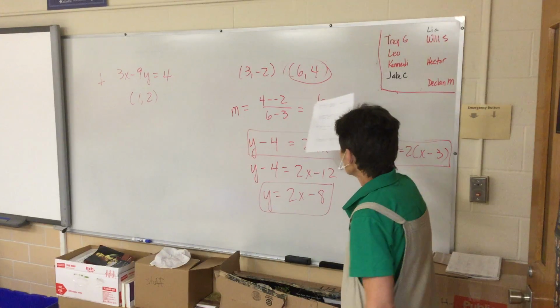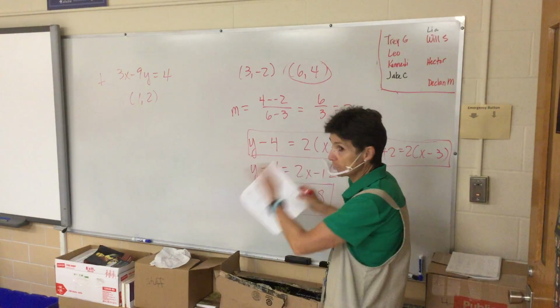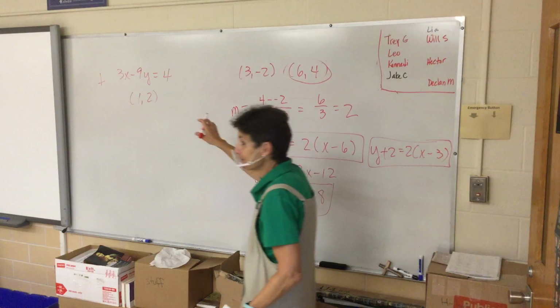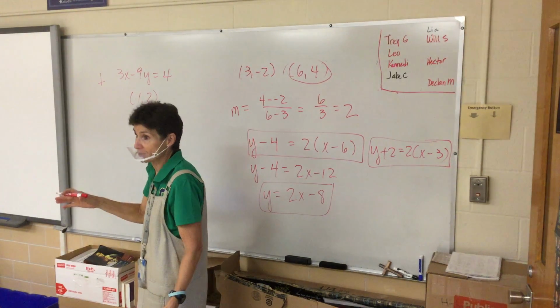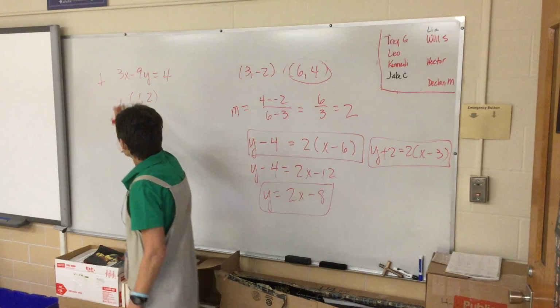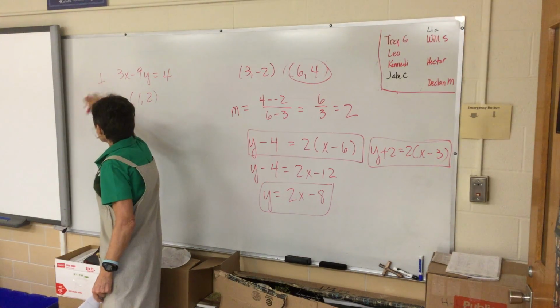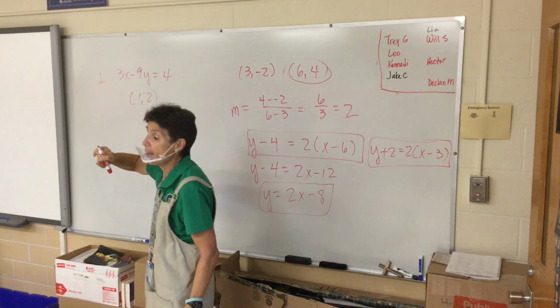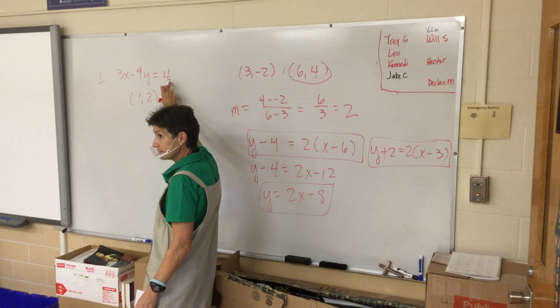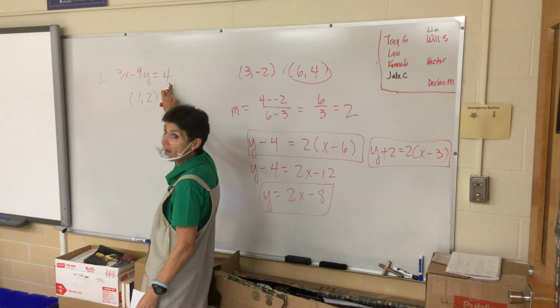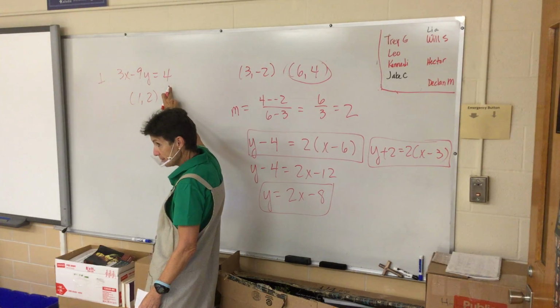Over here, you had 2 points, and the first thing you did was find the slope. You do not have 2 points. So your slope is going to have to come from somewhere else. What does perpendicular mean in terms of slopes? Opposite reciprocal.